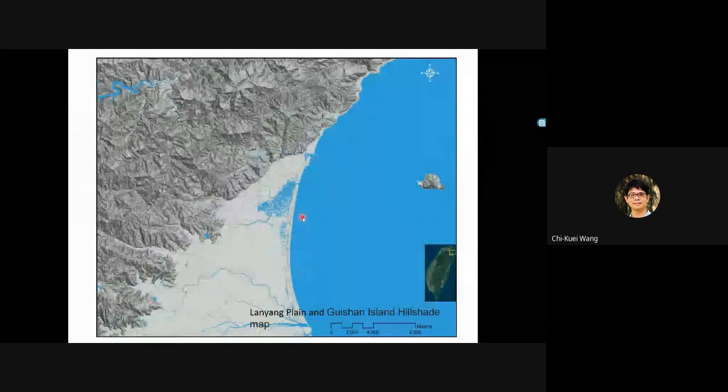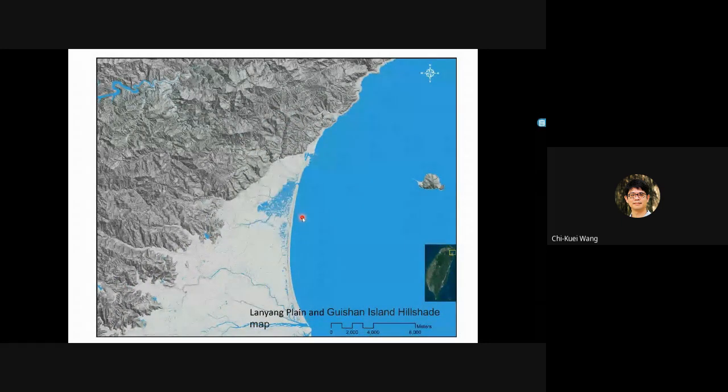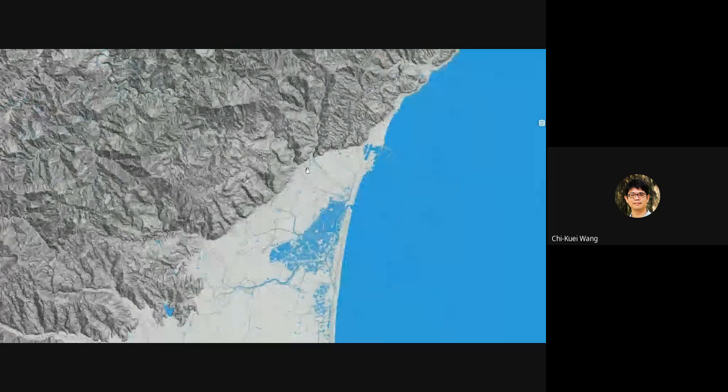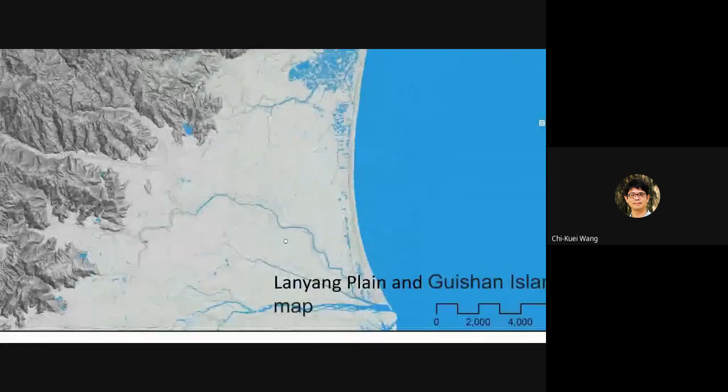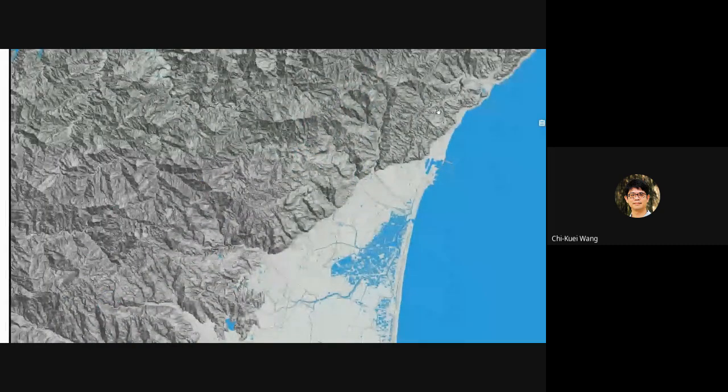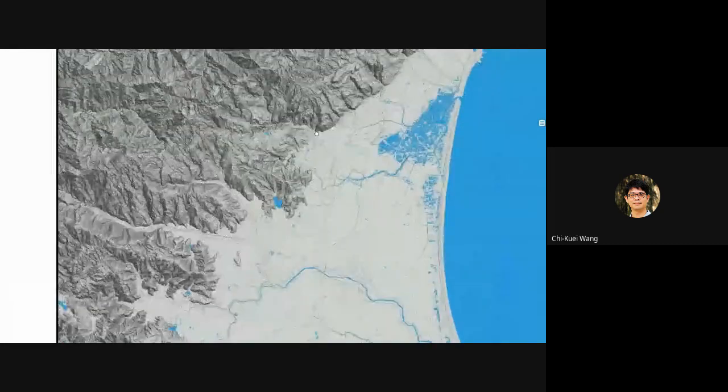And another part of Taiwan is now shown in black and white. This is all elevation. This is Yilan. This whole area is a delta, and we see all the mountains here.